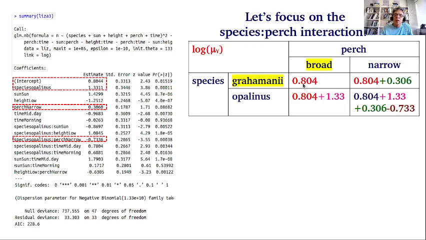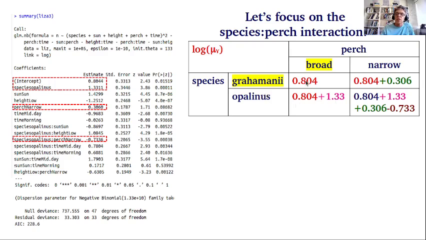If I keep the reference level for the species unchanged and change perch from broad to narrow, I must add this coefficient 0.306. If I keep the reference level of perch, which is broad, and I change species, I must add the species differential, which is 1.333.